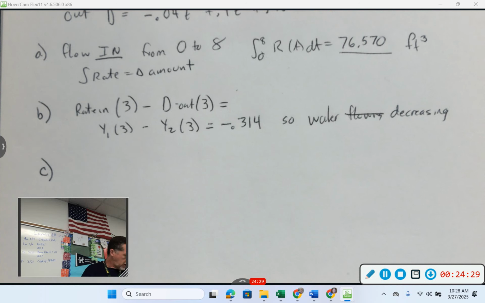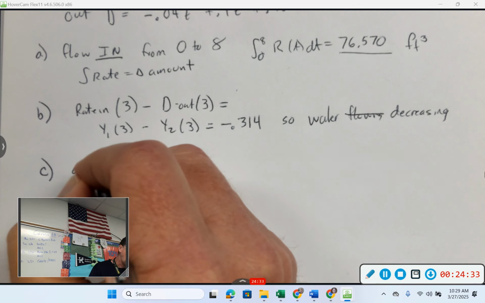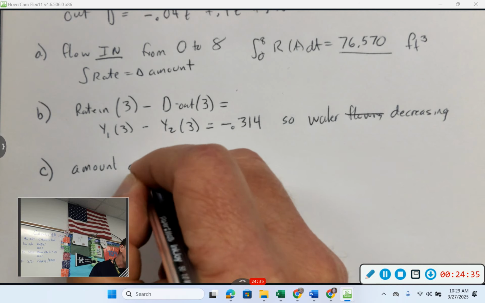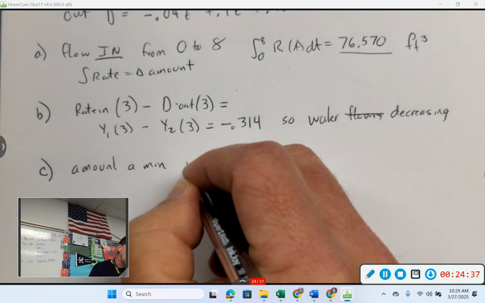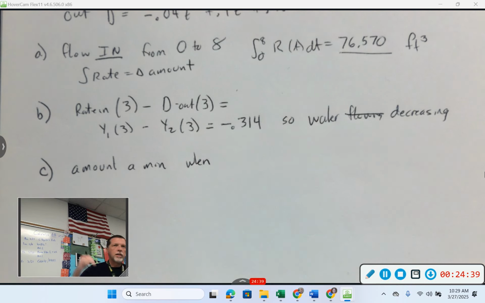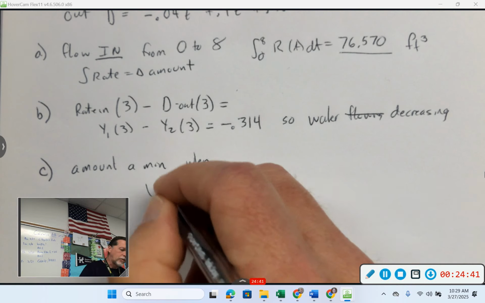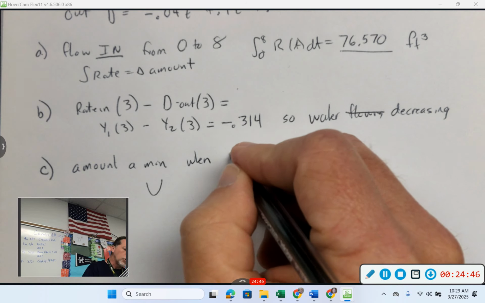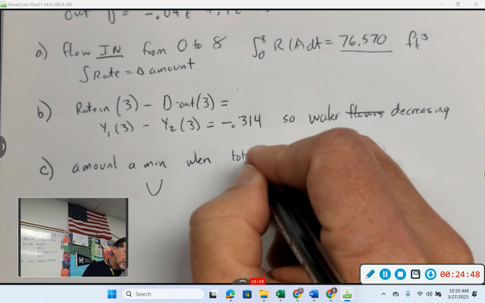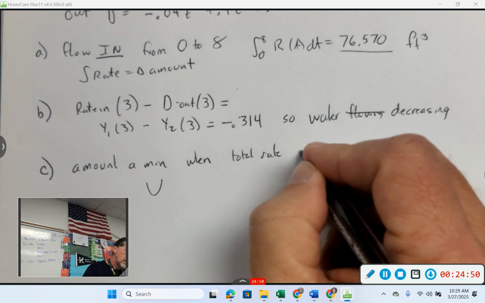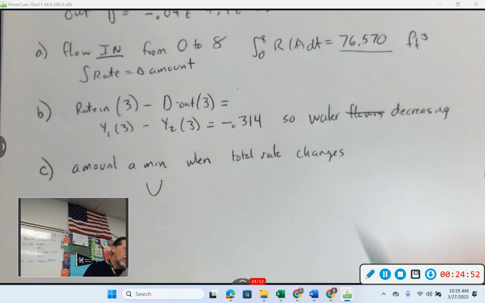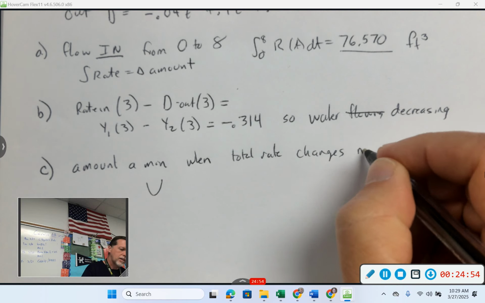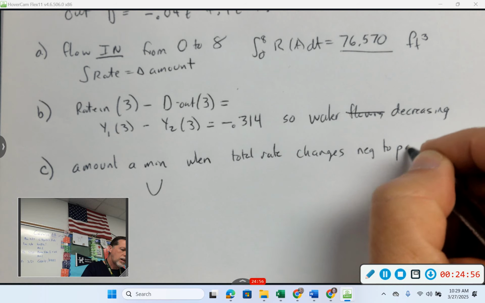Part C. At what time is the amount a minimum? The amount's a minimum. So, I have to draw it out every time. When the total rate or the net rate changes negative to positive.